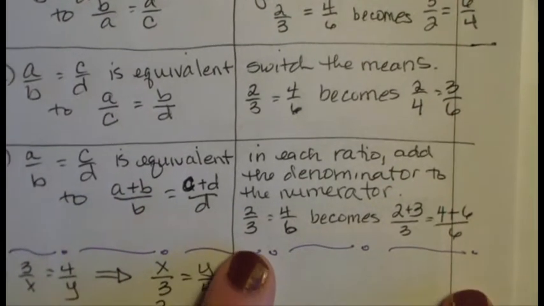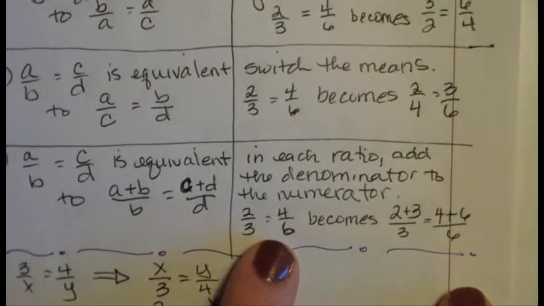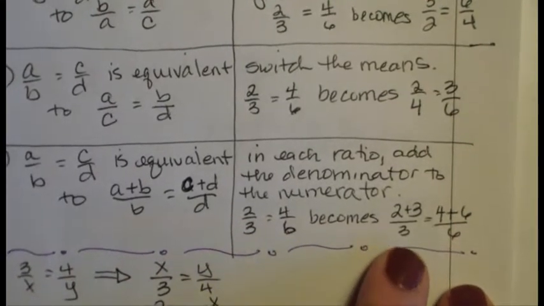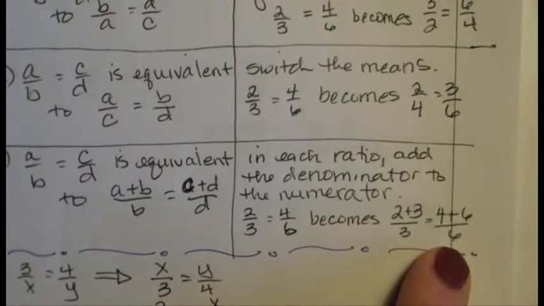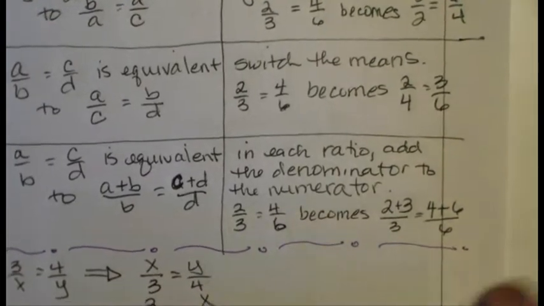So 2 over 3 equals 4 over 6 becomes 2 plus 3 over 3 equals 4 plus 6 over 6. For our examples, all we're going to be doing is writing equivalent proportions.